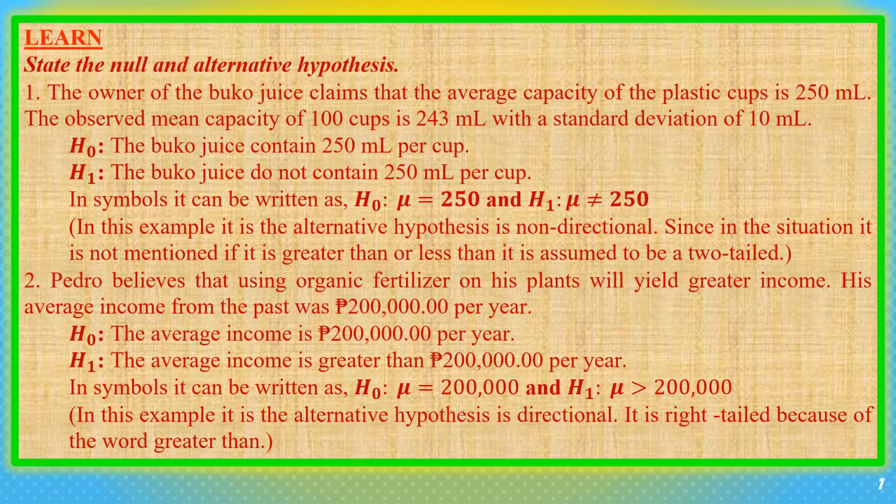So in symbol, our null hypothesis is mu equals 200,000, and our alternative is mu greater than 200,000. So that is a directional and right-tailed.